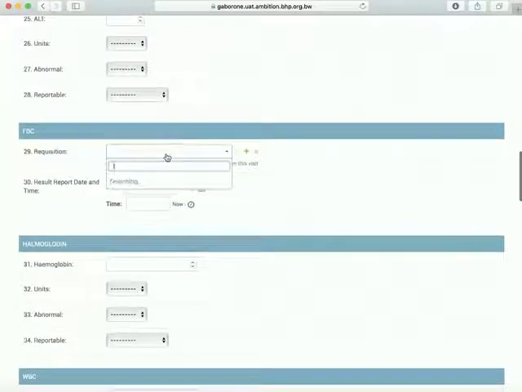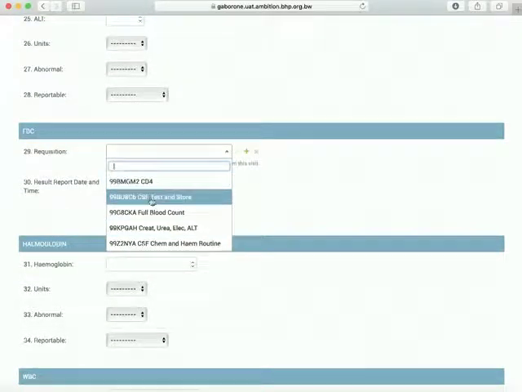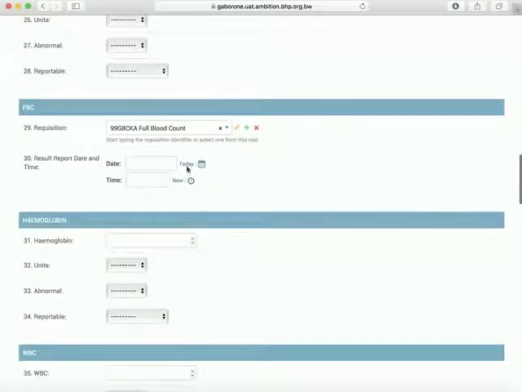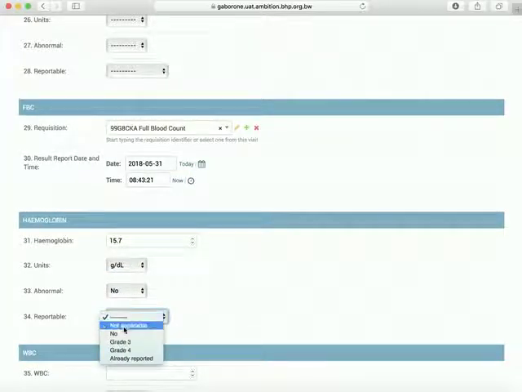Then you can do your FBC. Start adding in some results for there. And the EDC has built into it the values which are normal, abnormal, and also the grading as well if they're grade 3 or 4.